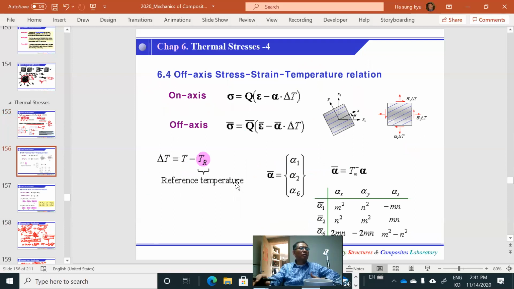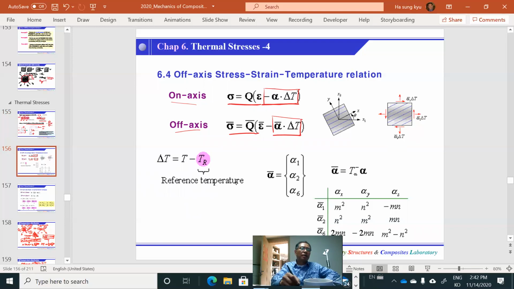So all the derivations we have learned in classical laminate theory, we now need to include these thermal terms. This is a new term which needs to be considered. This is on axis, and also off axis. We had these terms, right? But we need to consider these off axis thermal terms.